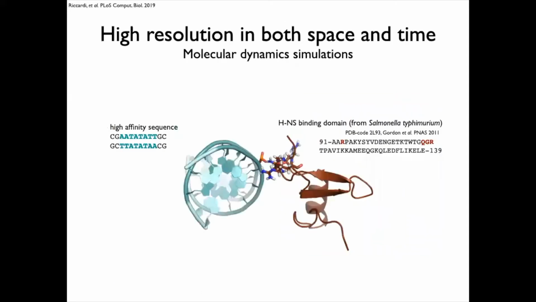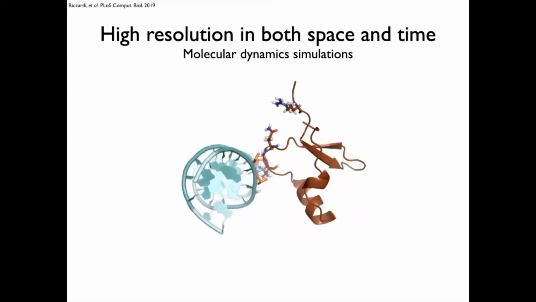So I tried to see if I get the same result when doing MD simulations. What I have here is an H-NS DNA-binding domain, to keep things small, and an AT-rich sequence. Here you see the nucleotide sequence, and then I did molecular dynamics.